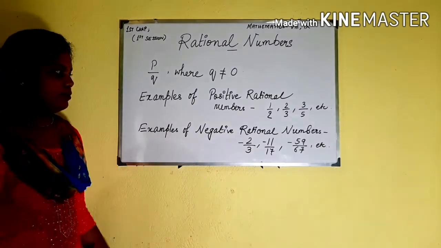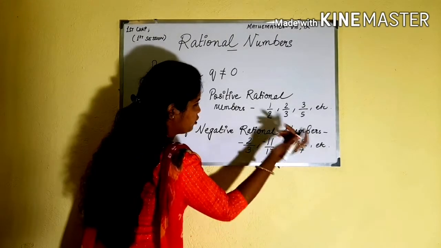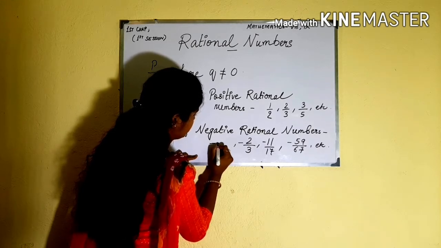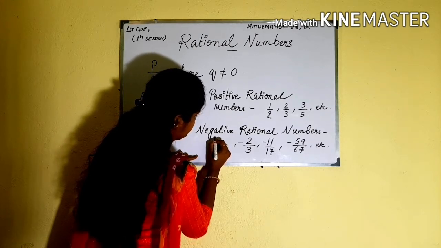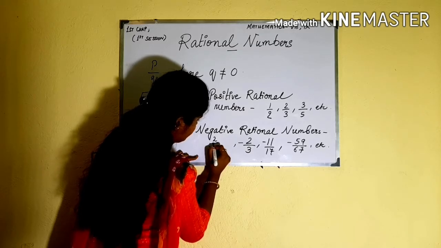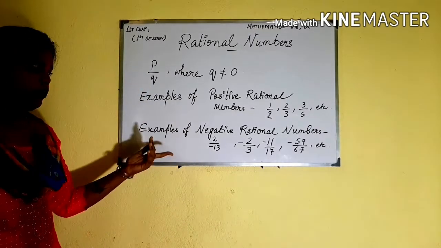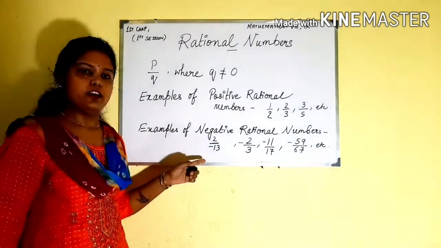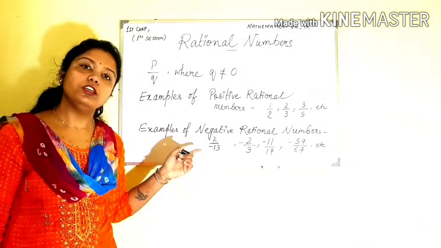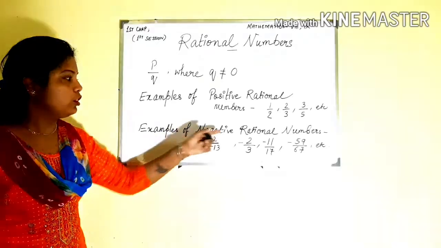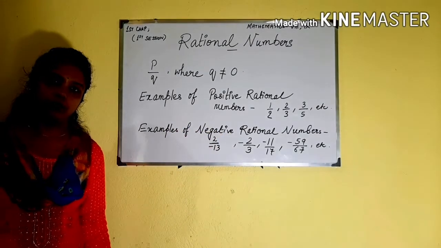For rational numbers where either the denominator or the numerator, any one of them, is negative, we call those negative rational numbers.